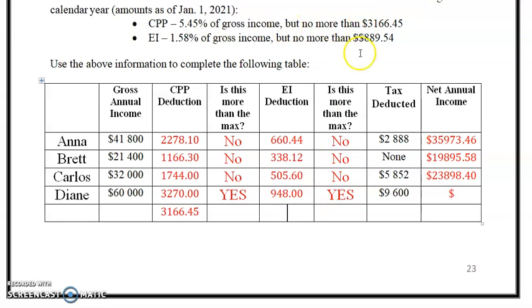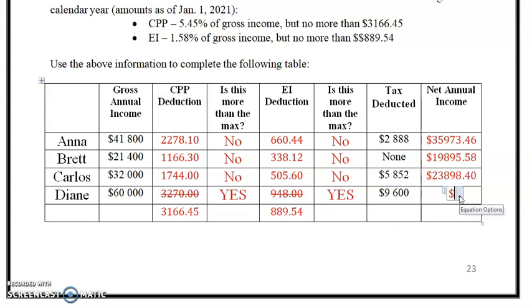So then I'll put the maximum amount, which is 889.54. Right. Okay. So this amount that we calculated cannot happen. It goes past the max, so we have to use these amounts. Right? And then we'll do the max deduction here.